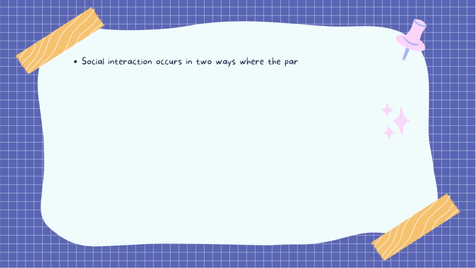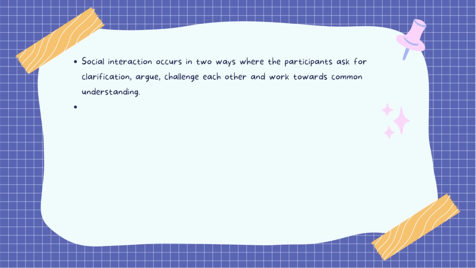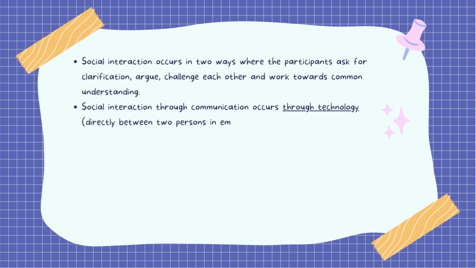Social interaction occurs in ways where the participants ask for clarification, argue, challenge each other, and work towards a common understanding. Social interaction through communication occurs through technology, directly between two persons in email, a cell phone, or other communication technology.